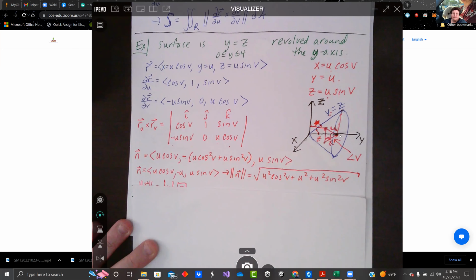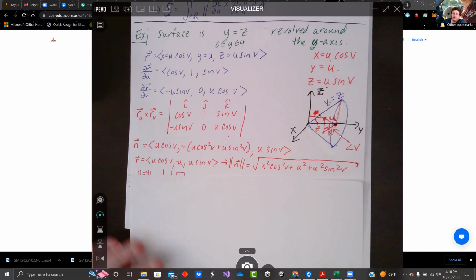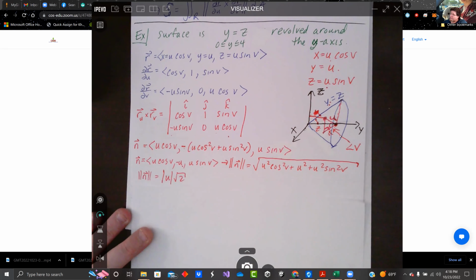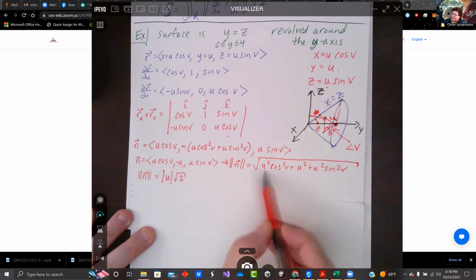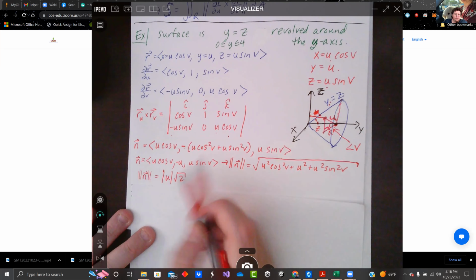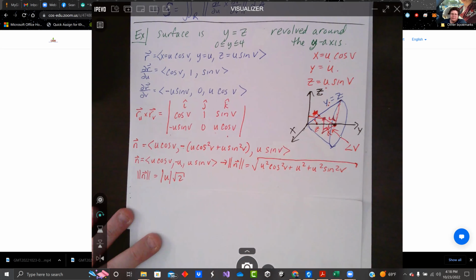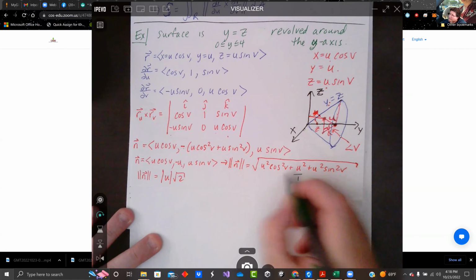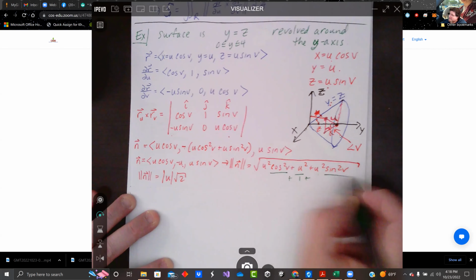We take the magnitude of it. We got u squared cosine squared v plus u squared sine squared v plus u squared. We can factor out a u squared and pull it outside. We get the absolute value of u outside. Then what we have left on the inside, we'll have a 1 here, plus that.